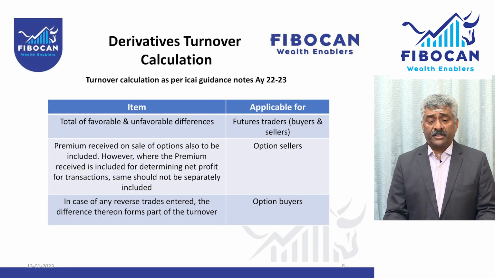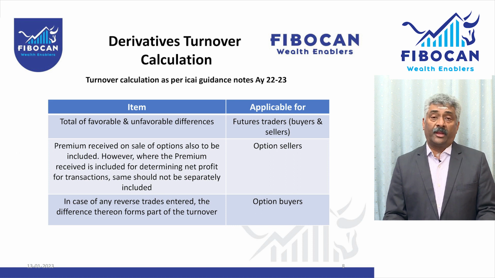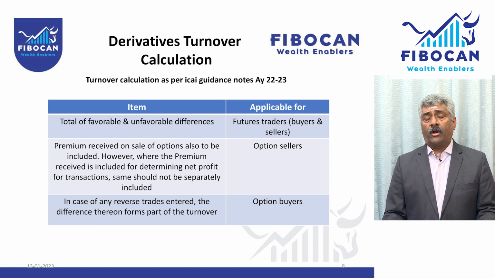So, turnover computation. Turnover calculation as per the ICAI guidelines issued for assessment year 22-23, issued recently, sometime in August if I am right. What they are saying is: total of favorable and unfavorable differences, applicable for all futures traders, whether you are futures buyers or sellers. Premium received on sale of option is to be included.